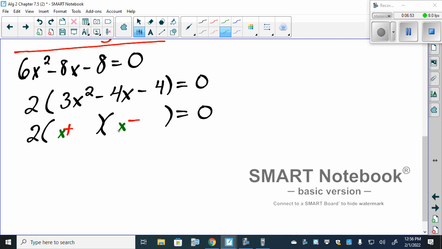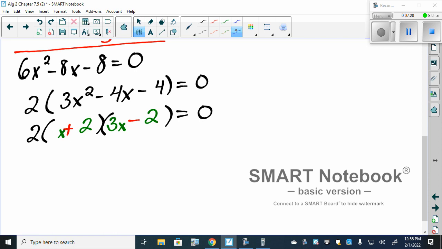Do we want the 3 to be with the plus or the 3 to be with the minus? So we'll put it over here. And lastly, we need to find the factors of 4. Well, we have 1 and 4 or 2 and 2. Let's go with 2 and 2.